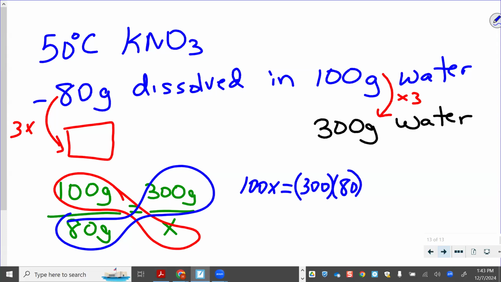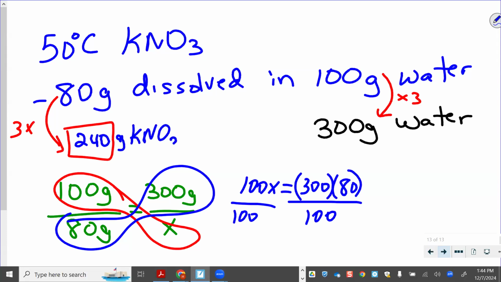To isolate x by itself, I have to divide by 100 on both sides. So 3 times 8 gives you 24 and another 0. So that's 240 grams KNO3. When I do this one, I am going to cancel out those zeros. Yes, you can do that. It's division. So 3 times 80, once again, x equals 240 grams.